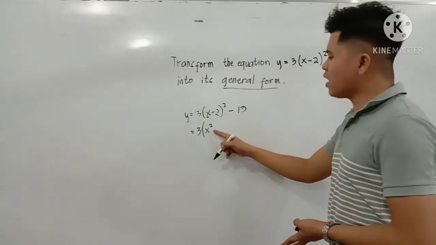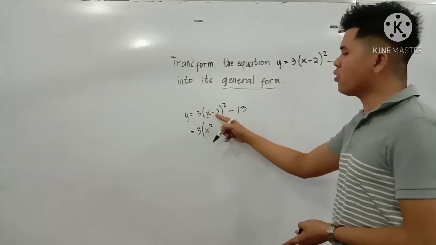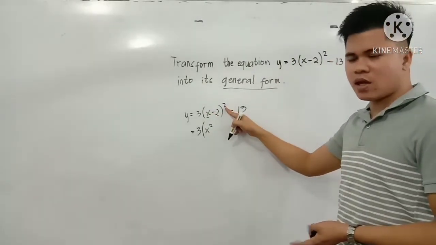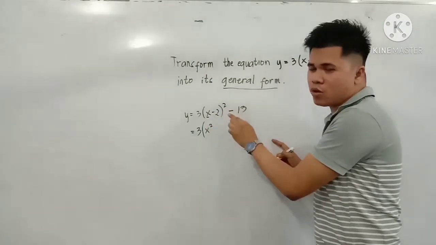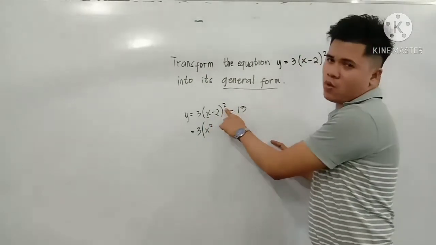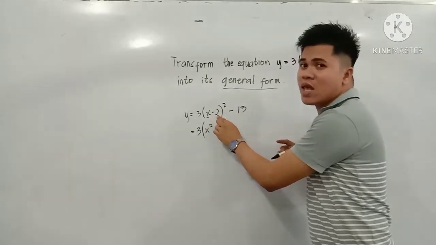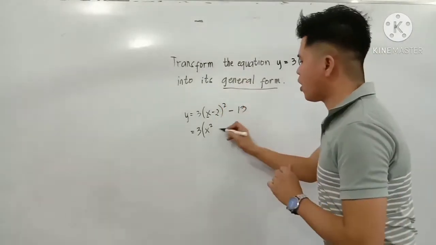Then, to get the middle term, simply multiply all the terms including the square. Again, multiply all the terms including the exponent or the square. So, x times negative 2 is negative 2x. Times 2 is negative 4x.